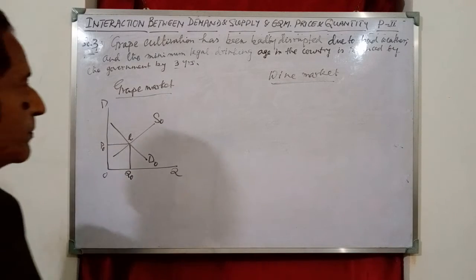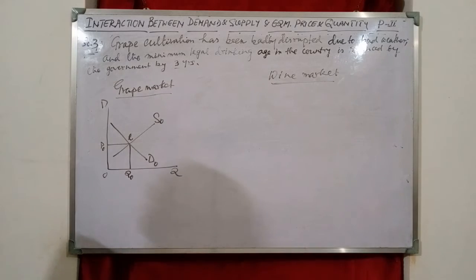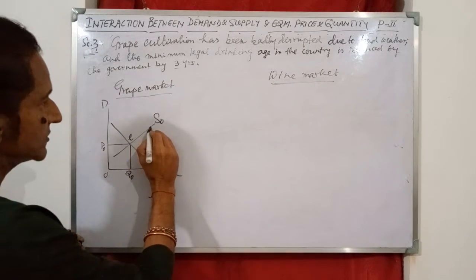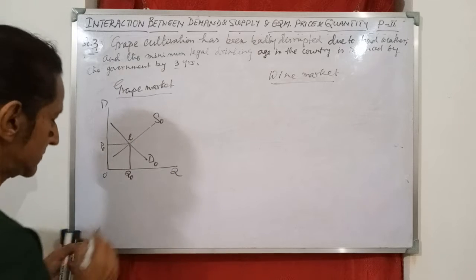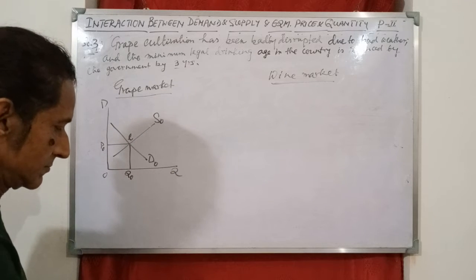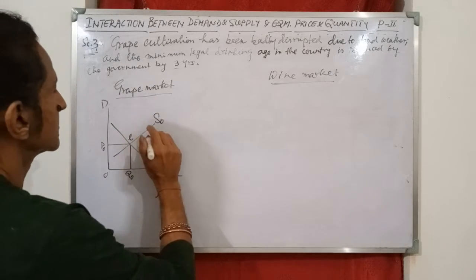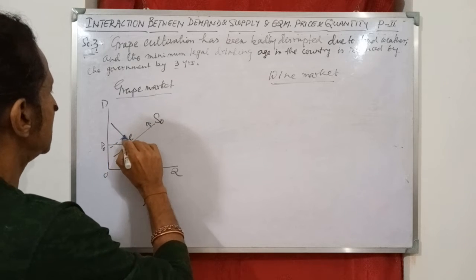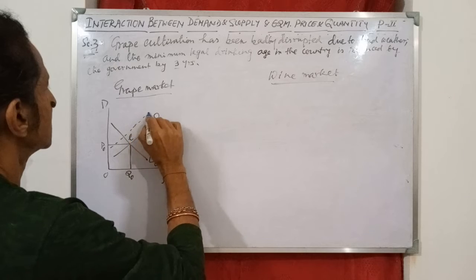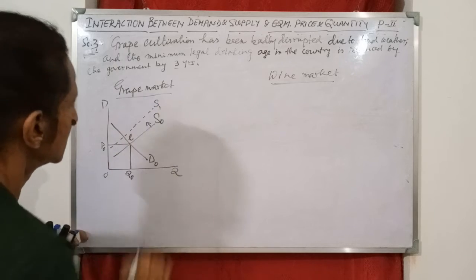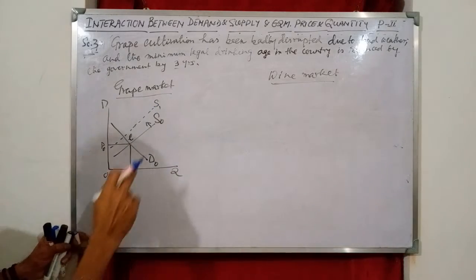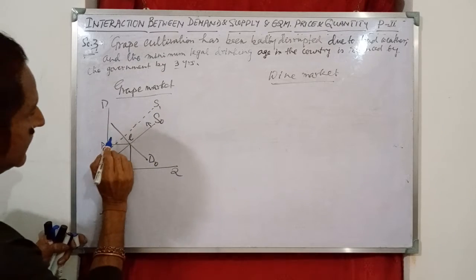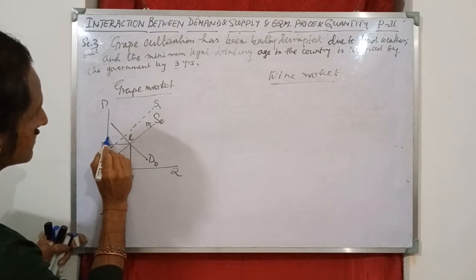Now, as a result of bad cultivation, the supply of grape will fall. So the supply curve S sub 0 will shift parallelly leftward. Let this be the new supply curve, S sub 1. The new supply curve S sub 1 and the original demand curve D sub 0 intersect at this point.